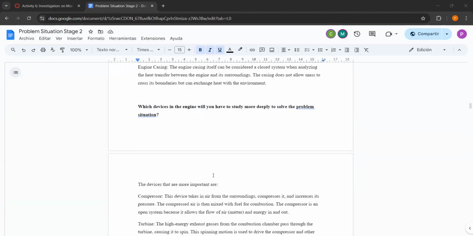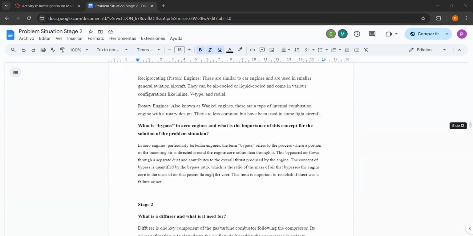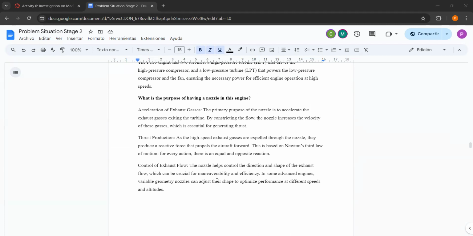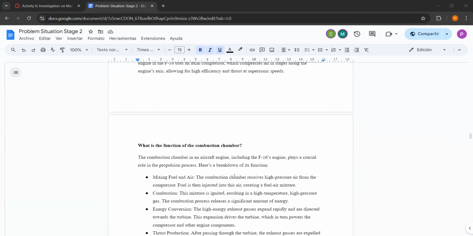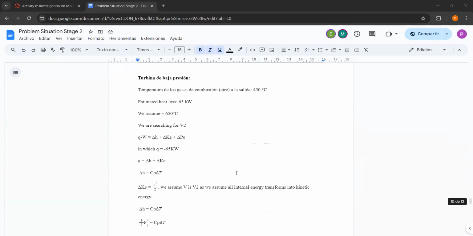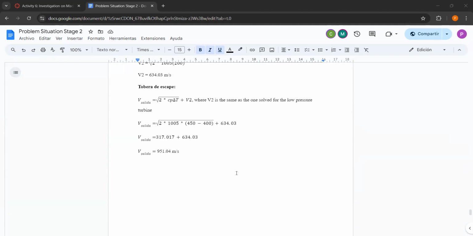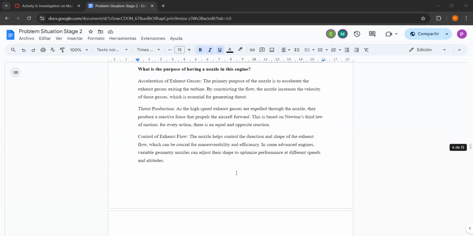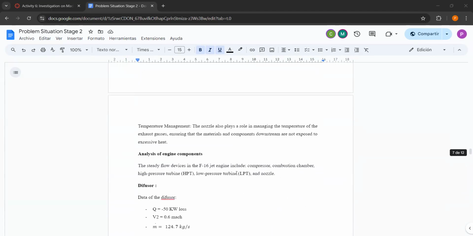For this case, we will be studying more the components about the turbine, compressor, diffuser, and if I'm not wrong, the la tobera de escape. So with this, we can continue with our analysis.